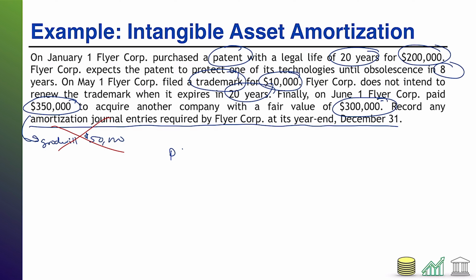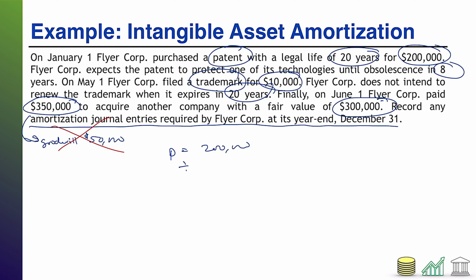So you've got the patent at $200,000. Remember, straight line, so you simply take the value, divide by the life. That tells you how much to amortize per year. In this case, you've got the $200,000 patent divided by what life do we use? We've got a legal life of 20, we've got a useful life of 8. When it tells you that it's expected to protect one of its technologies until obsolescence in 8 years, well, at that point, it's not protecting anything, so it's no longer useful.